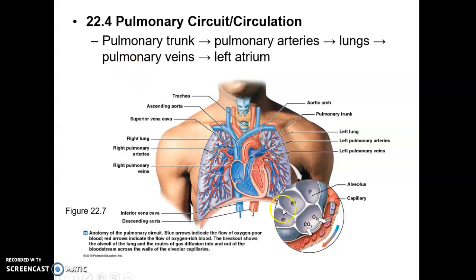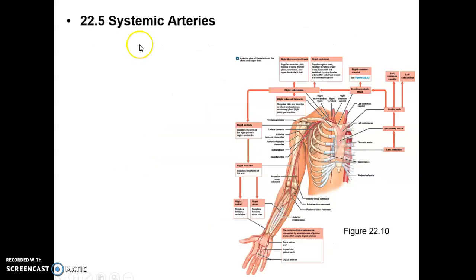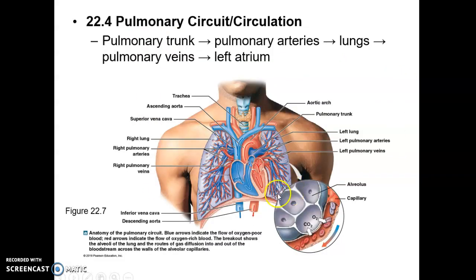So here we go: pulmonary trunk, pulmonary arteries in blue, lungs, gas exchange, return, pulmonary veins, left atrium. Systemic arteries. Let's go back to this picture real quick.